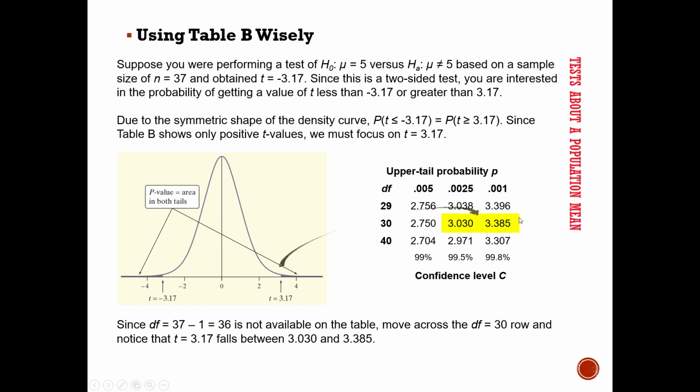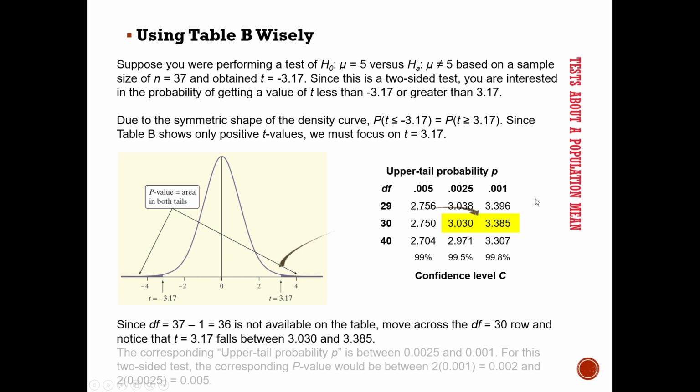And this is going to be somewhere between these two, so the probability is going to be somewhere between 0.0025 and 0.001. Is that going to be significant enough in almost all cases? Sure it is. So this one would give us enough evidence to reject H0.